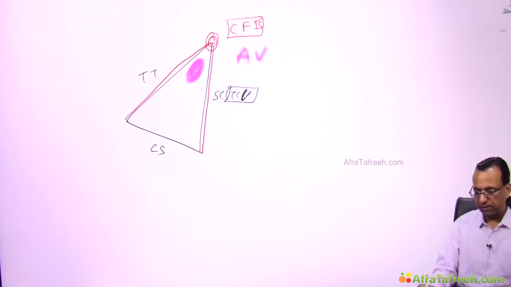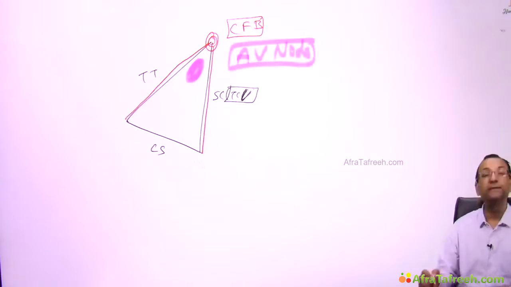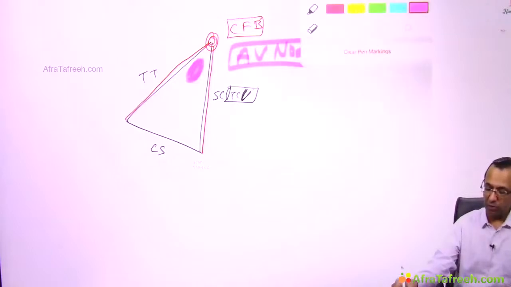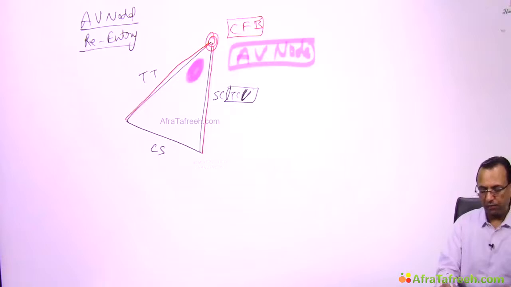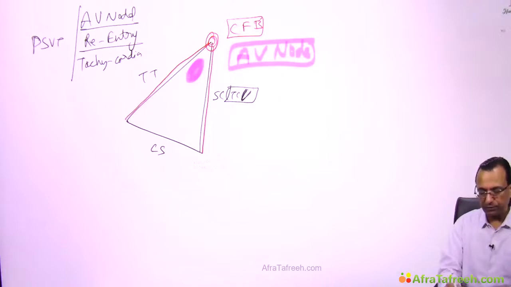If you say that is the AV node, what is the importance of knowing all that? The importance is, I have a case of AV nodal re-entry tachycardia. So you got a case of AV nodal re-entry tachycardia. Why? Because there is PSVT. What is PSVT?